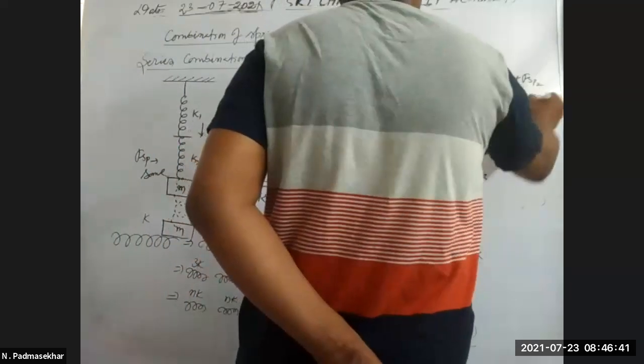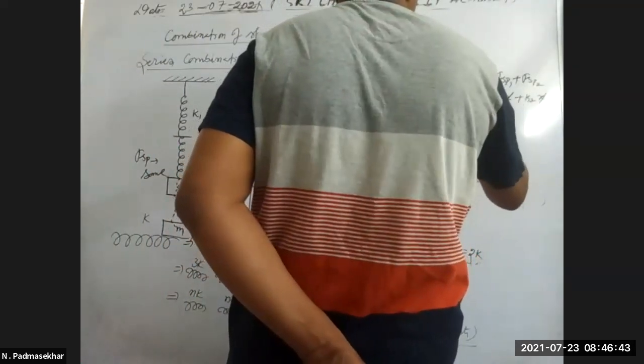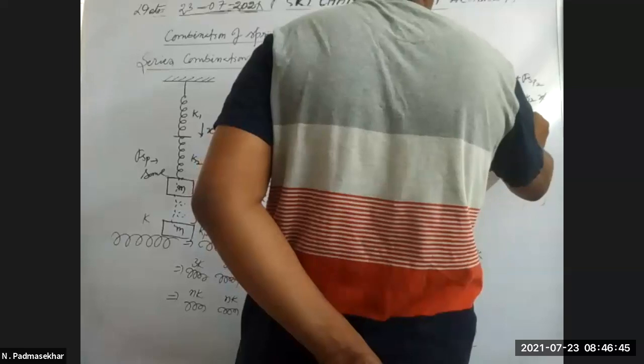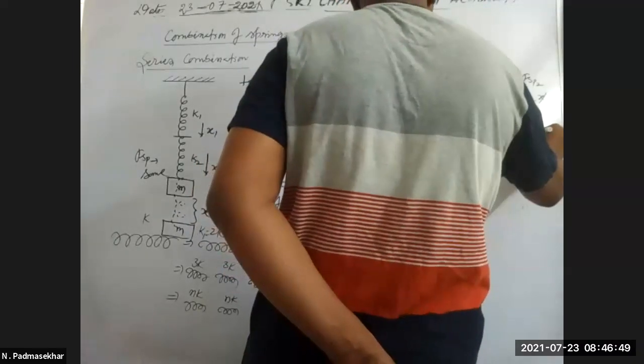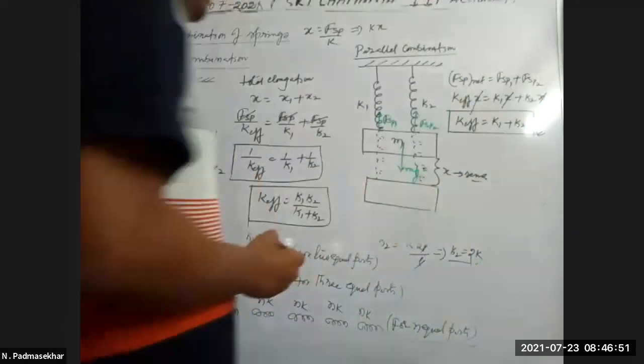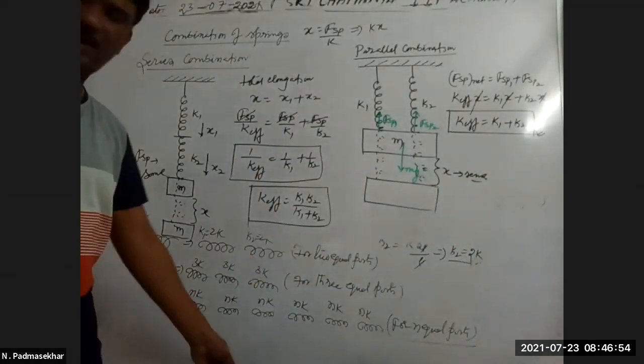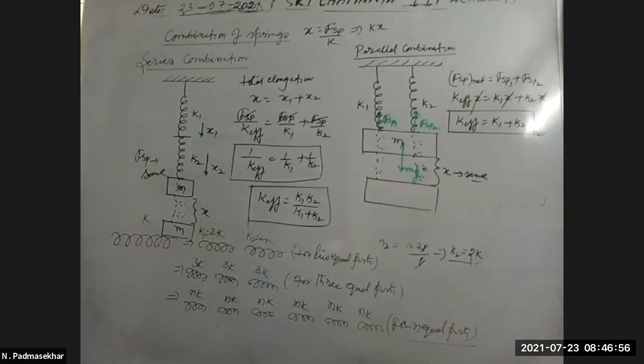So x is cancelled. K effective is equal to K1 plus K2. This is the effective spring constant in the parallel combination.